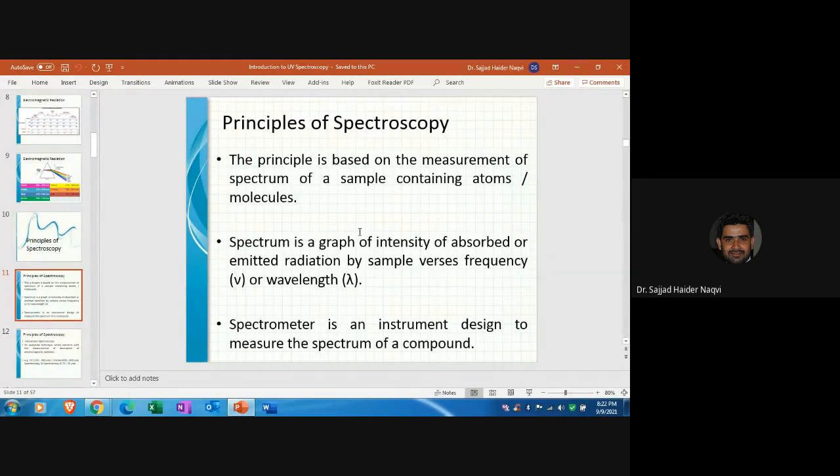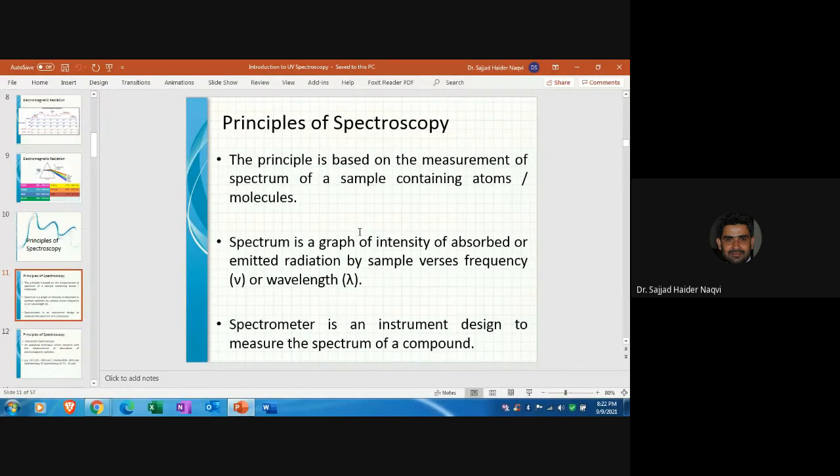So either you measure that light that is being absorbed, which you guys are aware of, it's called OD, optical density. That's what the light is absorbed. Or you measure the amount of the light that is being emitted out.